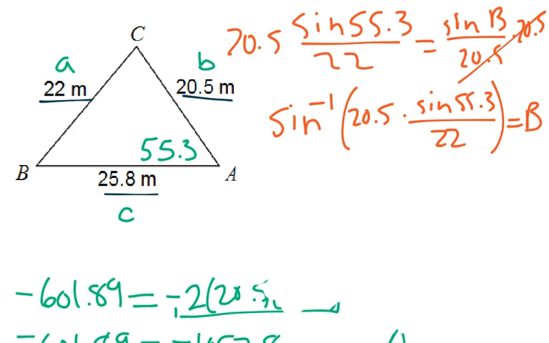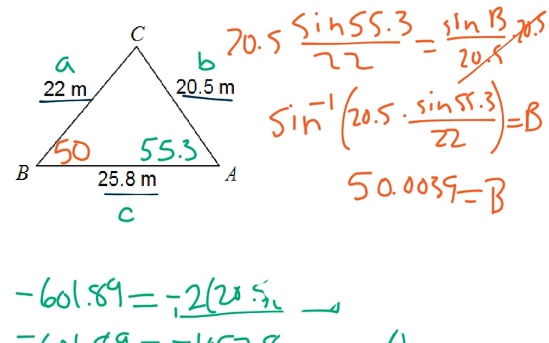That's going to give us what angle B is. Okay? So the inverse sine of 20.5 times the sine of 55.3 divided by 22 gives us about 50.0039, so basically 50.